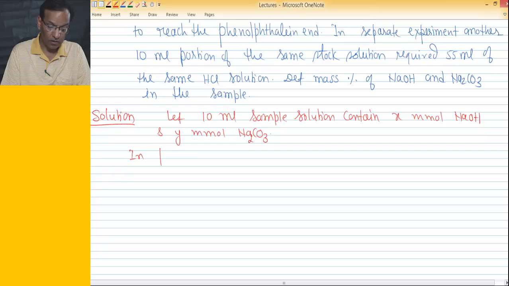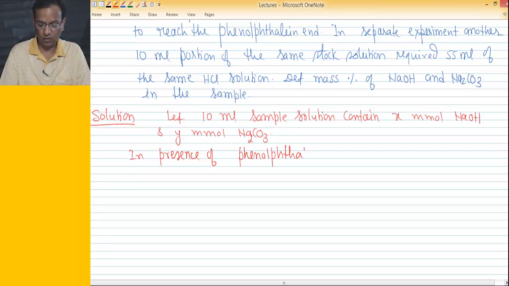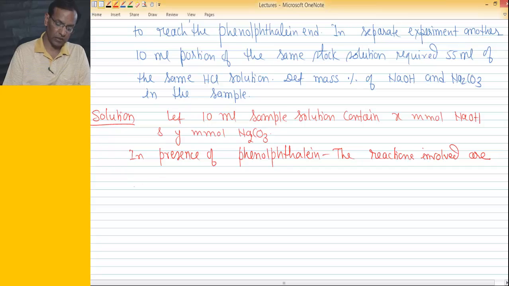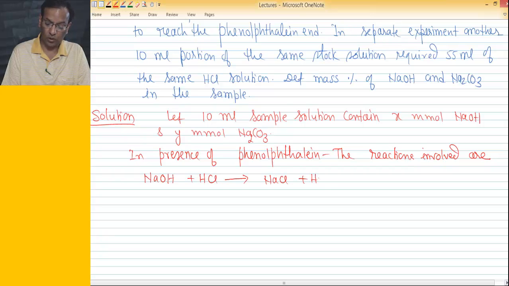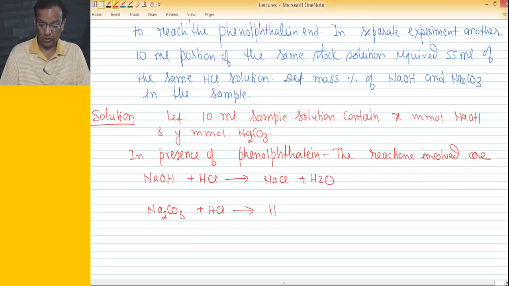In presence of phenolphthalein, the reactions involved are: NaOH will be neutralized first into NaCl and H2O, and then Na2CO3 will be neutralized to NaCl and NaHCO3.